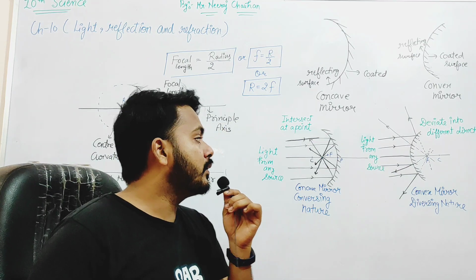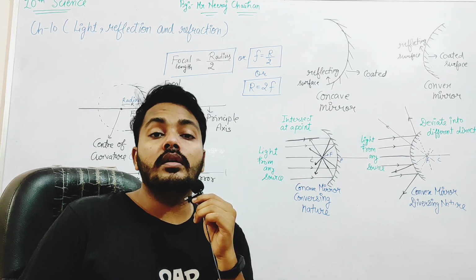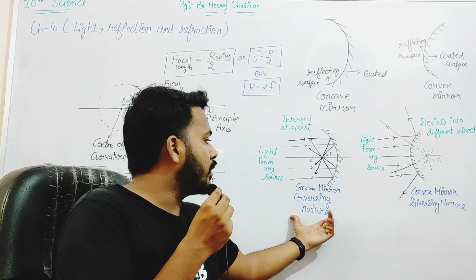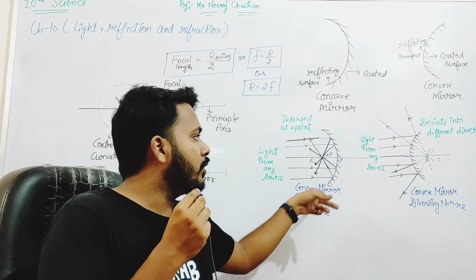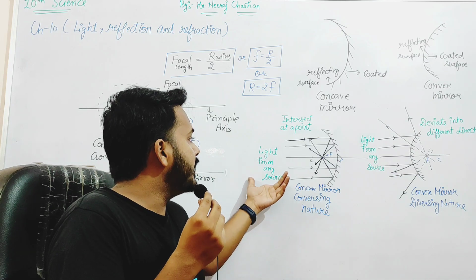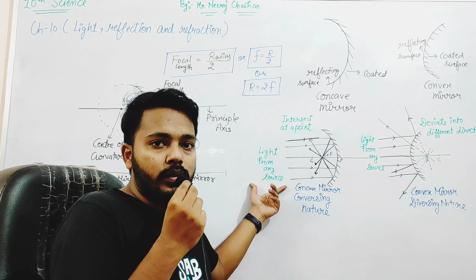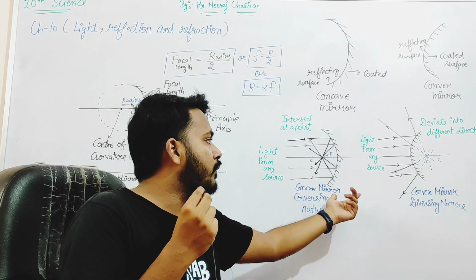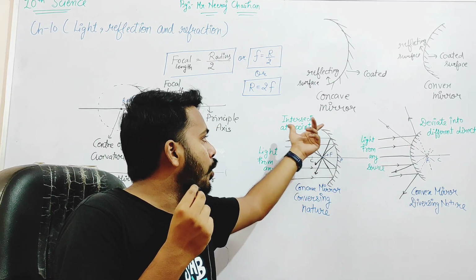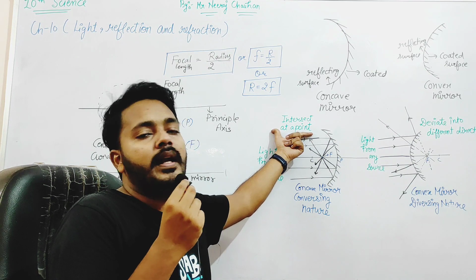Now a very important question is, what is the nature of convex and concave mirrors? To understand the nature of the concave mirror, we have to draw the diagram like this. Suppose parallel light coming from any source strikes the surface of the concave mirror; the observation is that all the rays intersect at a point.